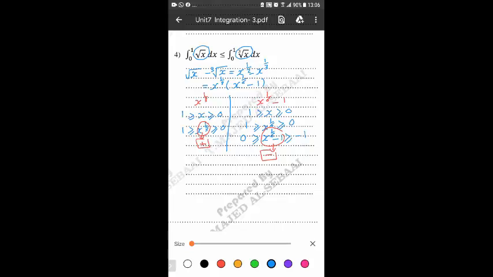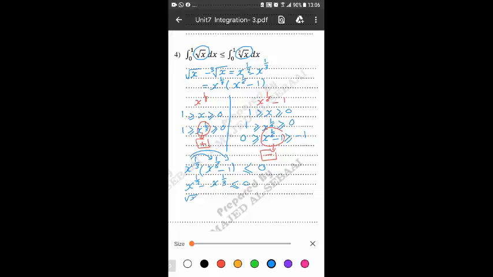Then the multiplication of x to the power of 1/3 multiplied by x to the power of 1/6 minus 1 should be less than 0. Why? Because it's multiplying between positive and negative. Now open it. It's going to be x to the power of half minus x to the power of 1/3 less than or equal to 0.